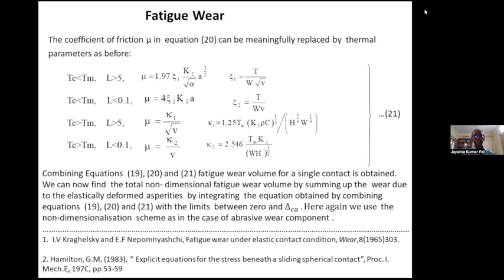So we take only the asperities which are elastically deformed. Here again, we use the non-dimensional scheme that we used earlier for abrasive wear component. And this is shown in the next page for convenience.